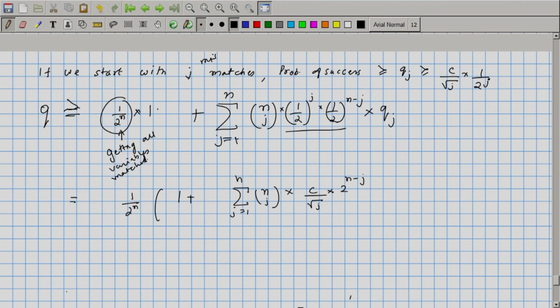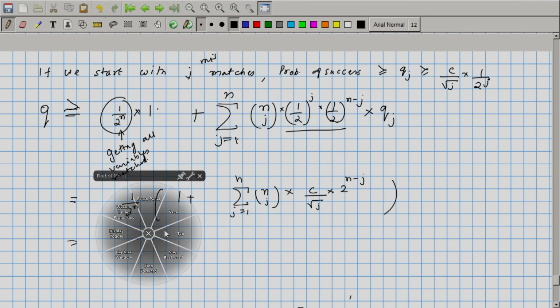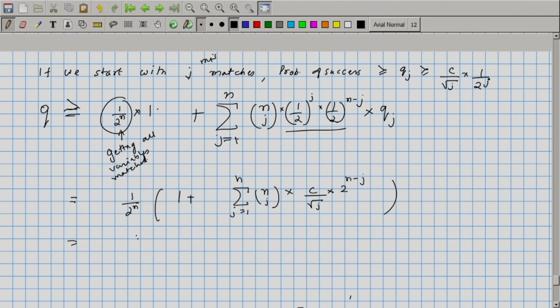Okay. So, this can be thought of as, so root j is at most root n. So, 1 by root n times 2 raised to n times c summation j equals 0 to n, n choose j 2 raised to n minus j or 2 raised to minus n.